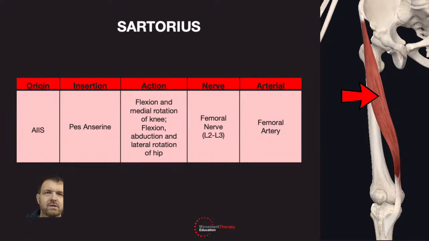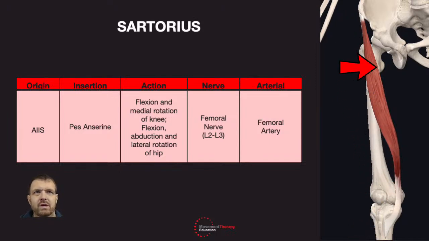Okay, so you can often see this one, especially in footballers, and then it attaches onto the inside of the tibia. Okay, just there. So that's what we call your pes anserine area. It's where your Sargent group of muscles attach. So sartorius, gracilis, and semitendinosus. Okay, so SGT: sartorius, gracilis, and semitendinosus. So those all attach into here.